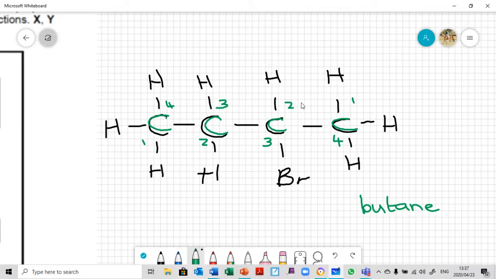Now the IUPAC rule says we try to put the substituents, huge word, it means the added stuff, the things that are not part of the longest carbon chain, on the lowest possible number. So the correct IUPAC name for this guy would be 2-bromo-butane. There's only one bromo, so there's only going to be one number.